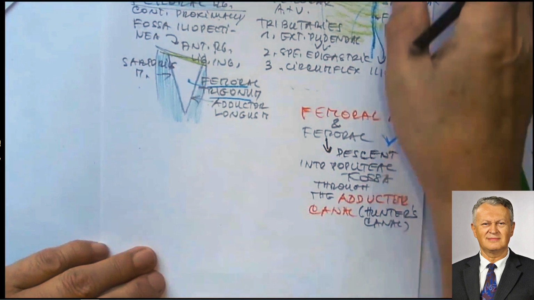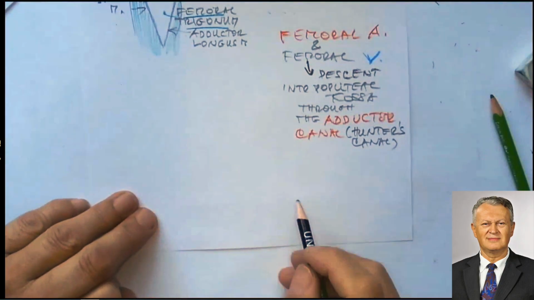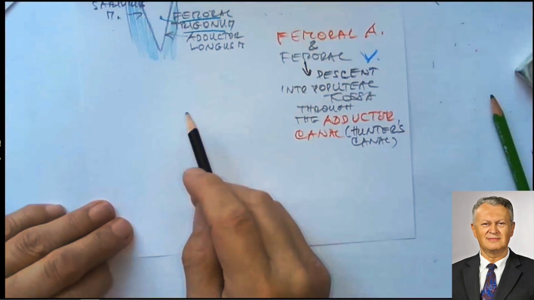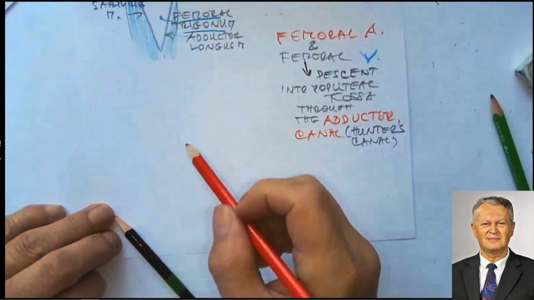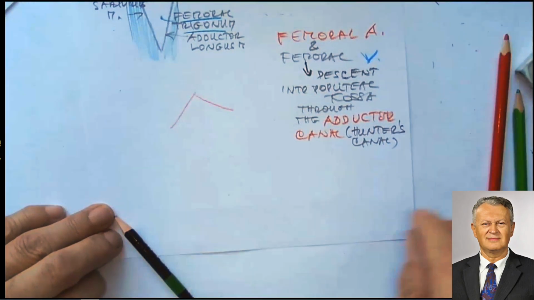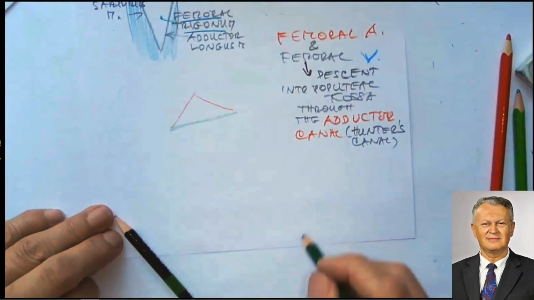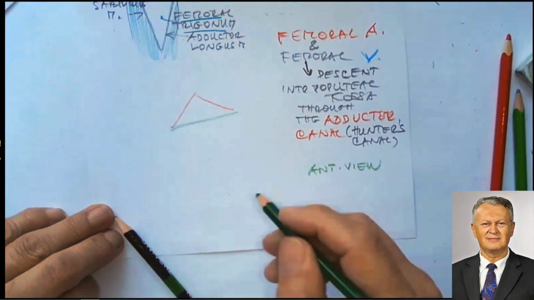Again, the surgeons prefer this name. And this Hunter's canal, it is not a bad idea to draw it, looking from above. So this is the anterior, we are looking from the anterior view.